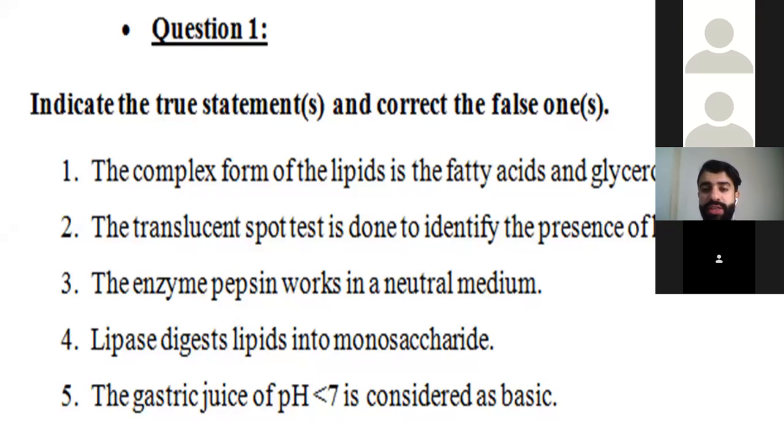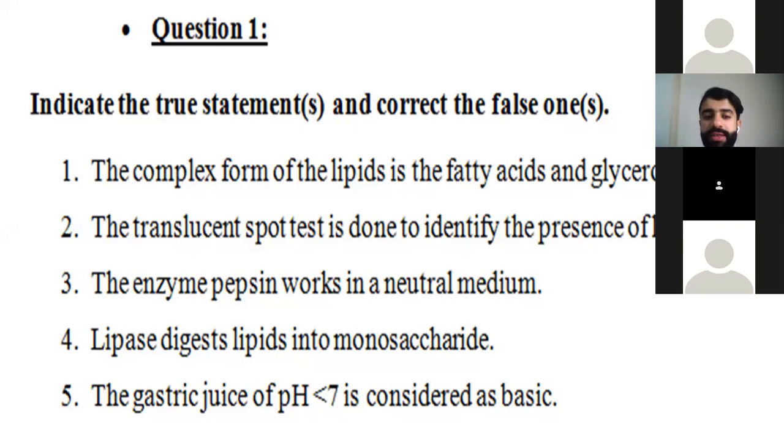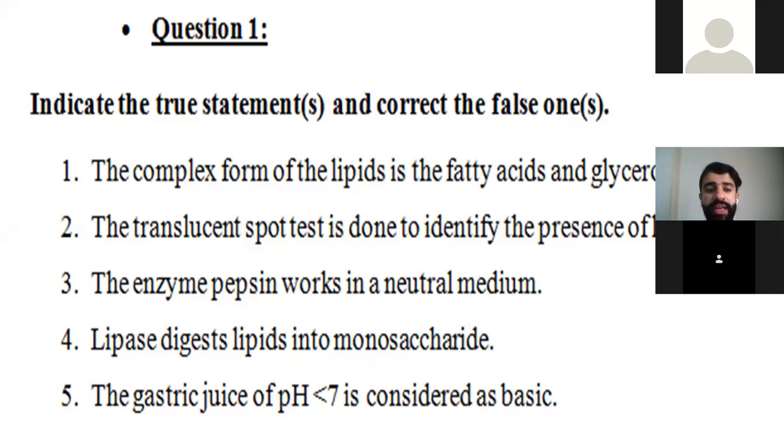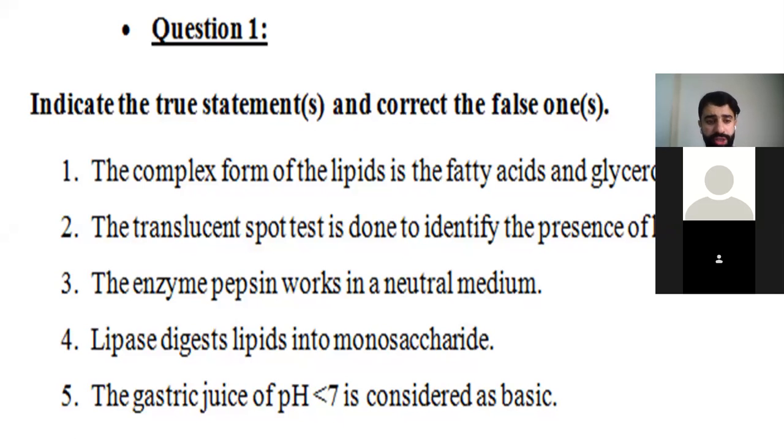Sudan test. Can you give me the positive result of the Sudan test? Pink color appears. And the negative result? No pink color appears. Very good. Thank you, Karim, and thank you, Hadil. So moving to part 3.